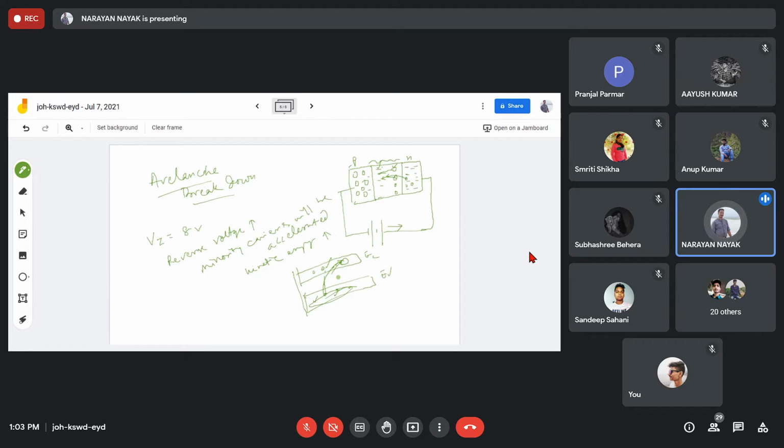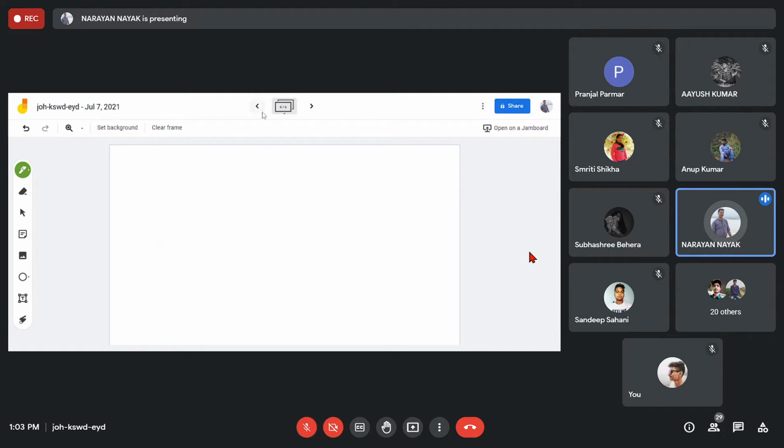Then you see, I'll draw the diagram. By increasing the reverse voltage, the minority carriers will be accelerated, so the kinetic energy will be increased.